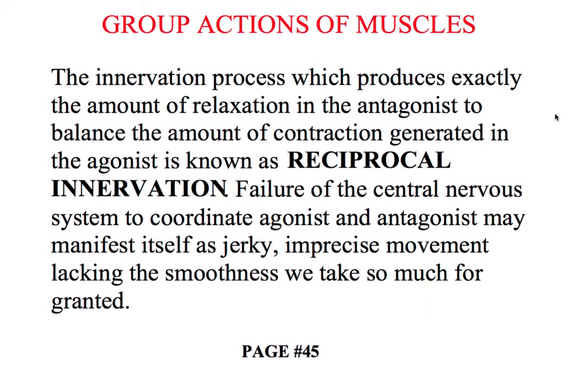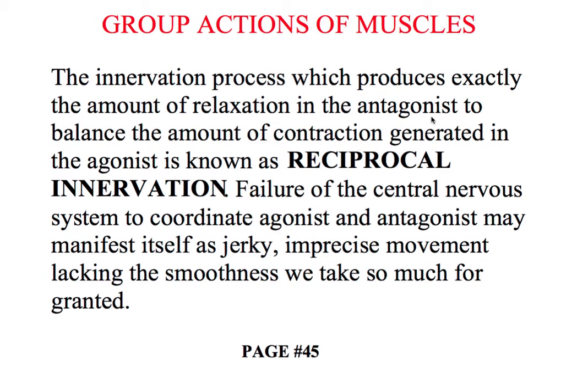Now, within group actions of muscles, there's also a concept called reciprocal innervation. What that is, is that the contraction and relaxation process between opposing muscle groups needs to be done very smoothly. So when you are flexing your arm, the opposing antagonist muscles need to relax at the exact time and with the exact amount to make that action smooth and continuous.